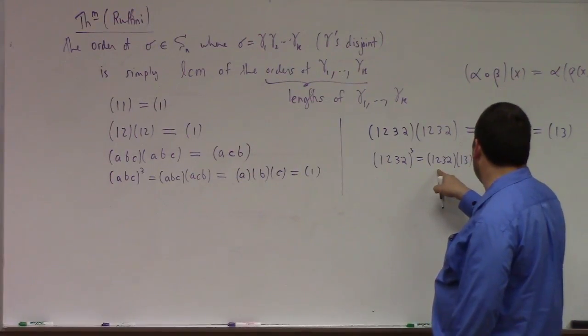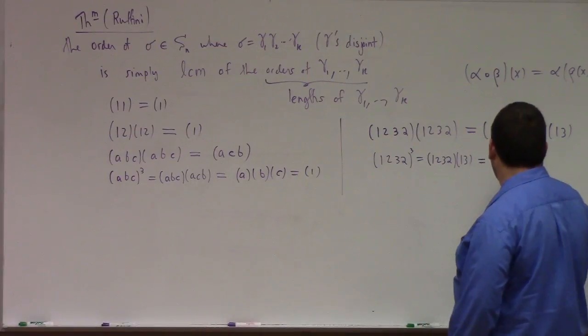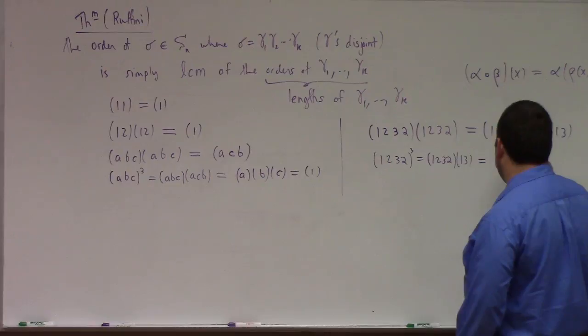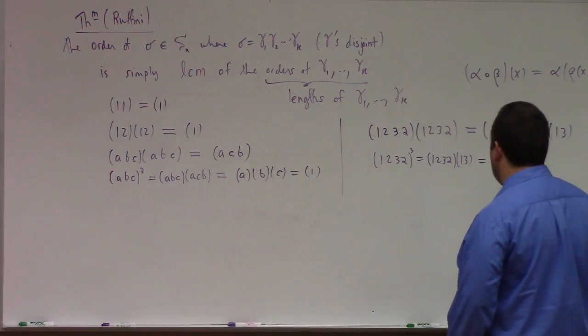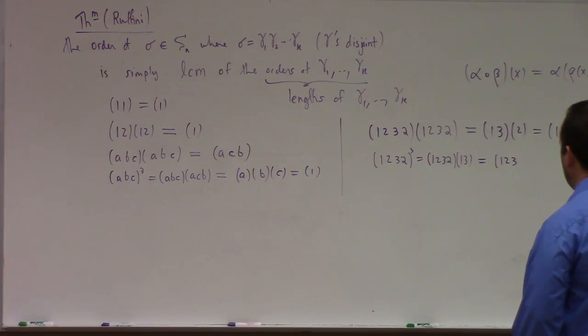Then 1 goes to 2. So 3 goes to 2. Oh, weird. So you're saying it's 2 again? What? Oh, man. Confusing having that extra 2 in there.